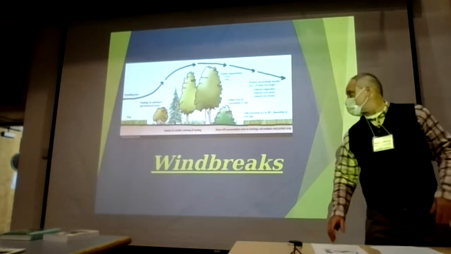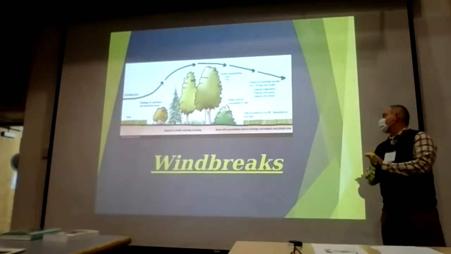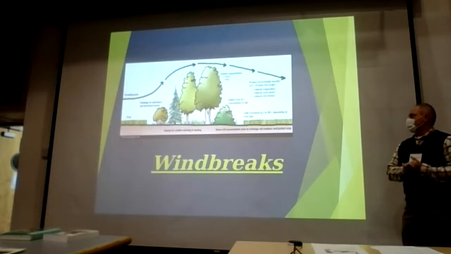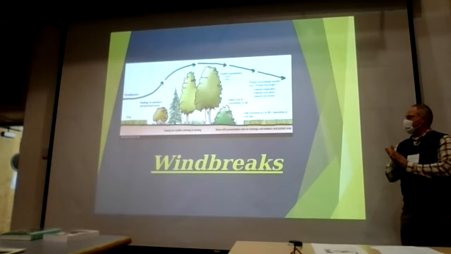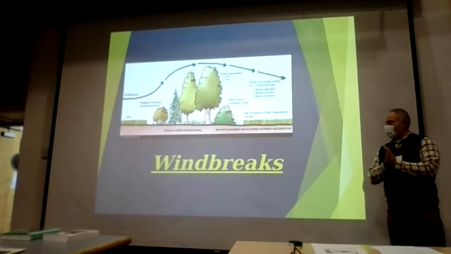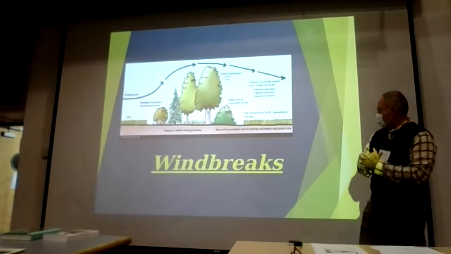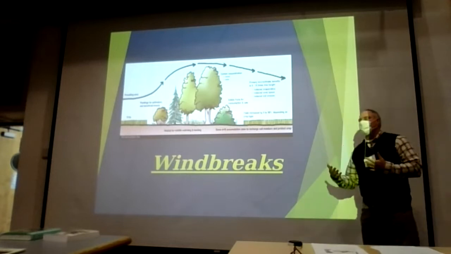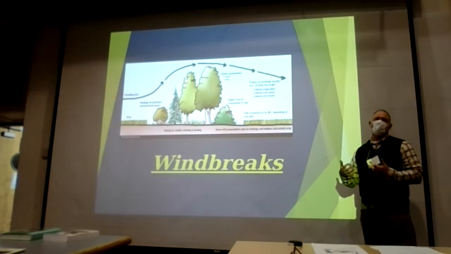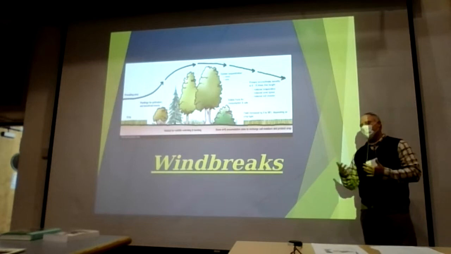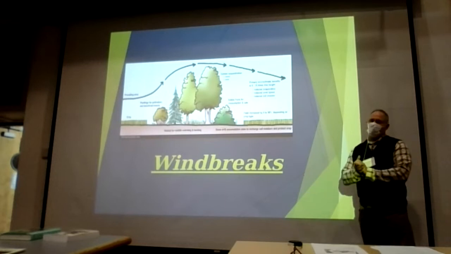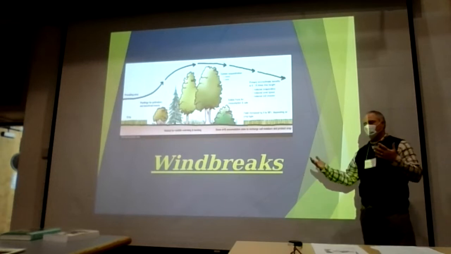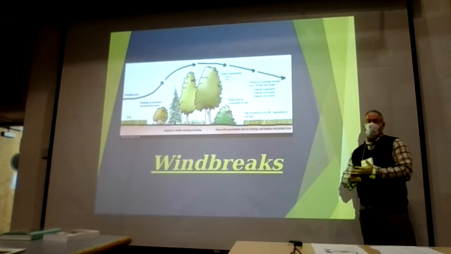So windbreaks, another one of mine that I think has got some great opportunity here in Massachusetts and even probably New England in general. So windbreaks, really, think of it as like a riparian buffer, but in an upland for the most part. So you're generally doing either 1 to 3 rows of plantings. They can include a variety of things. It could be trees, it can be grass only.